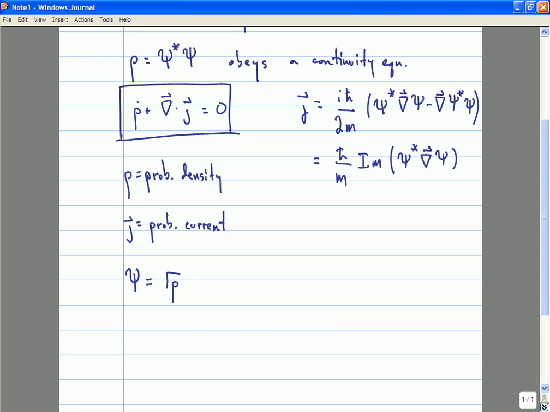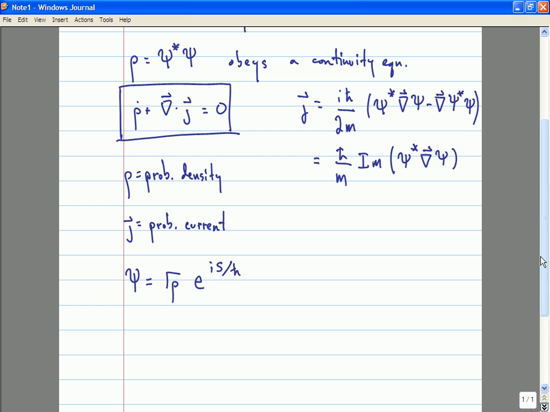But in addition to the norm, it has a phase, which I will call S over h bar. And one of the things which will be instructive for us to do will be to work out the form of Schrodinger's equation in terms of these variables rho and S.